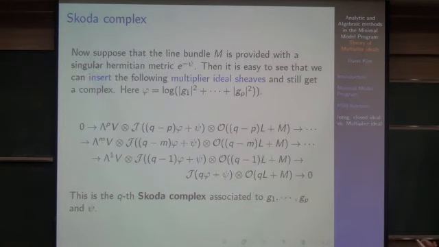The definition due to Ein and Lazarsfeld is that when this line bundle M has a singular metric e to the minus psi, then in the previous Koszul complex you can insert these multiplier ideal sheaves in each term, and it's still a complex. That is named the Qth Skoda complex, defined by G1 through Gp.